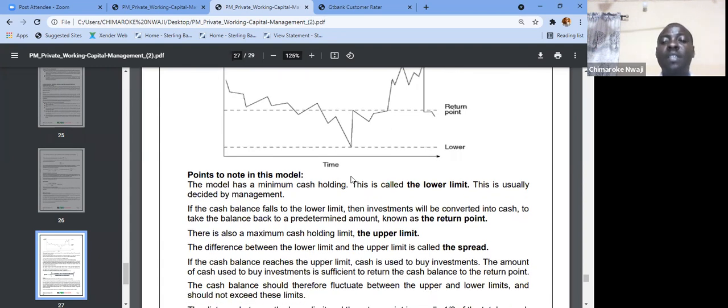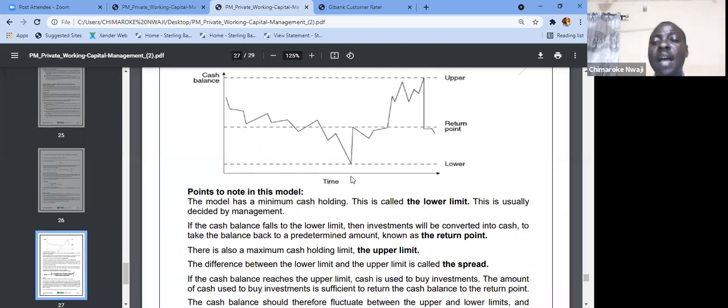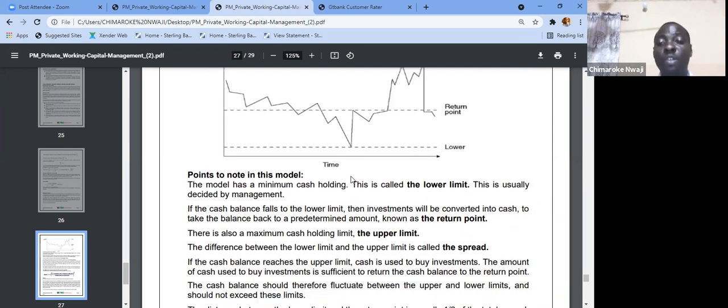The difference between your upper limit and your return point is 2/3 of your spread. So if your spread is divided into 3, 2 parts is what you need to go from your upper limit to your return point. 1/3 will be from your lower limit to your return point.